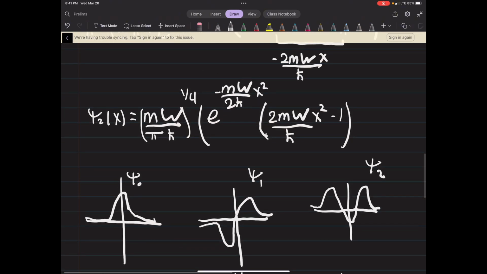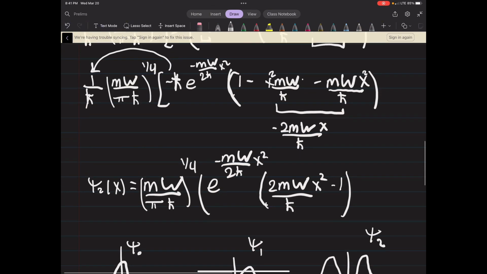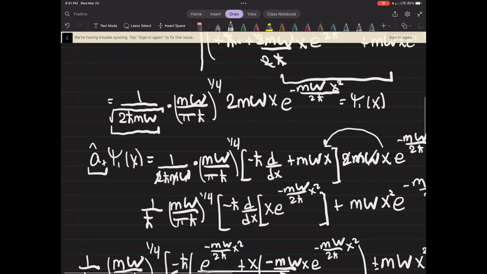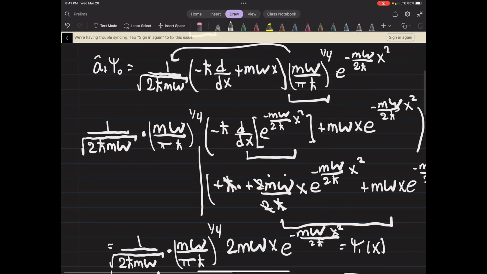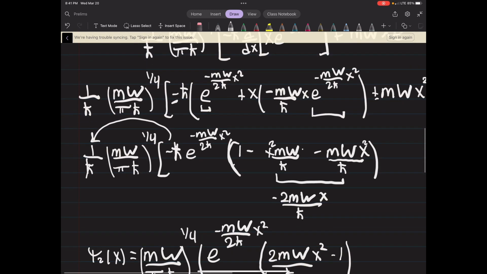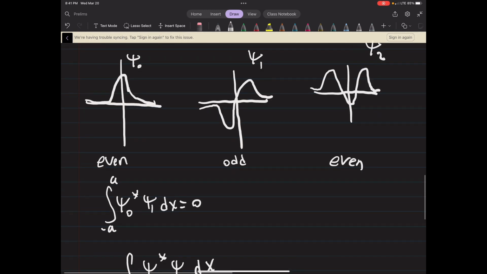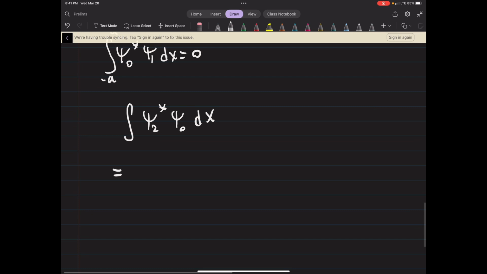So again, psi 2 was found here, and then psi naught is just that wave function. So what are we going to have? Well, we're going to have m omega over 2 pi h bar square root, because it was to the 1/4, but there's two of them now.